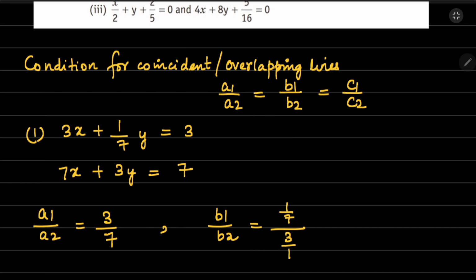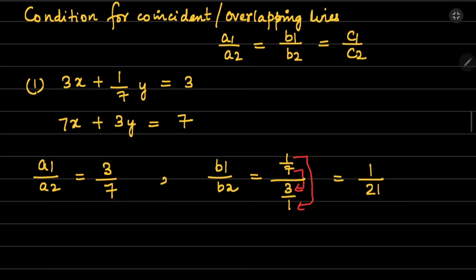Whenever you have fractions, you combine them like this: numerator of the above fraction with the denominator of the below fraction. So what do you get here? This is nothing but 1 divided by 3 into 7, and 3 sevens are 21. And what is your C1 by C2? Here itself you can see A1 by A2 is not equal to B1 by B2, so we don't even have to check C1 and C2.